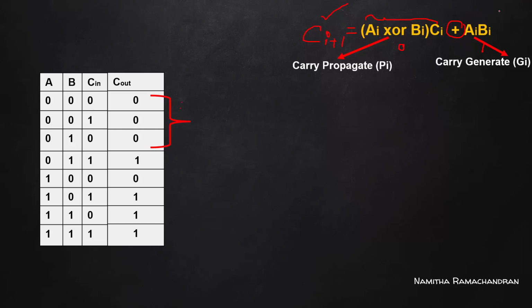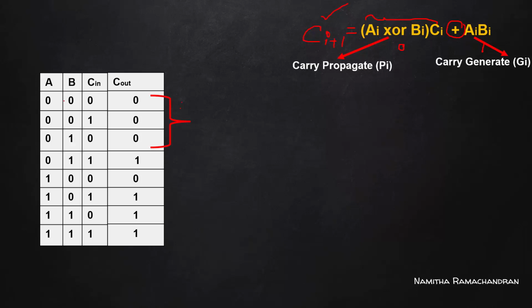So these are the three cases due to which our carry output from a full adder becomes 1. If the two terms present on the two sides of this OR operator are both equal to 0, it indicates Ci plus 1 equals 0, meaning no carry is generated.